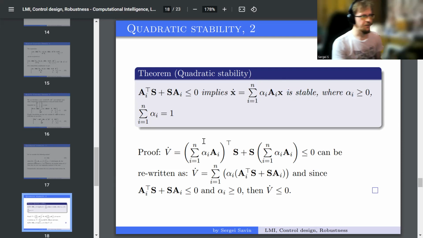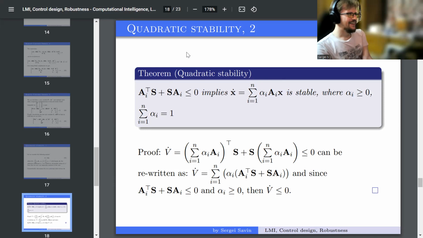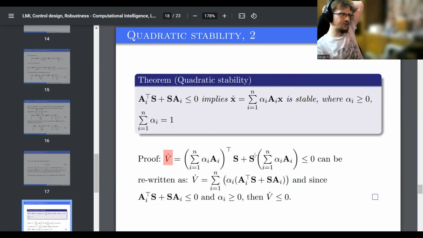The proof is actually three lines, as you can see. It's very tempting when the proof is 3 lines. So let's see if we can understand it. First of all, let us consider the derivative of this Lyapunov function. The Lyapunov function, as usual, is x transpose S x, and the derivative is x transpose times A S plus S A times x.